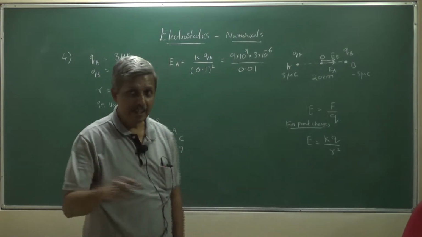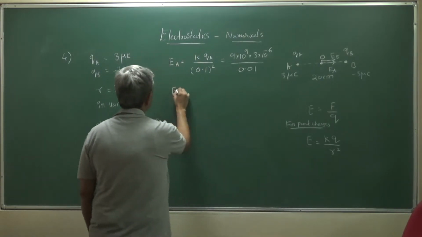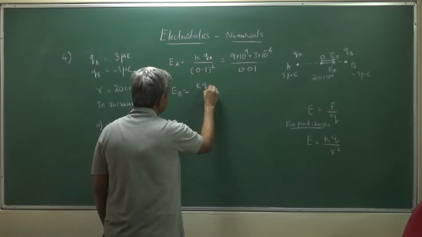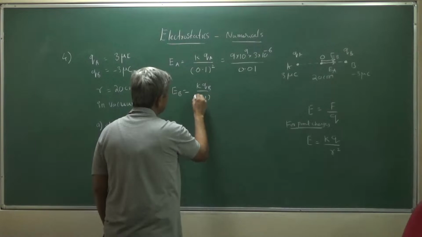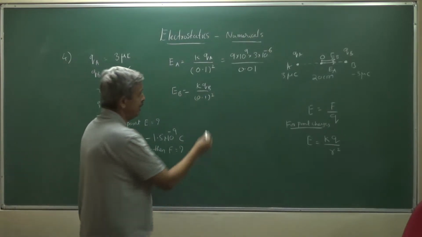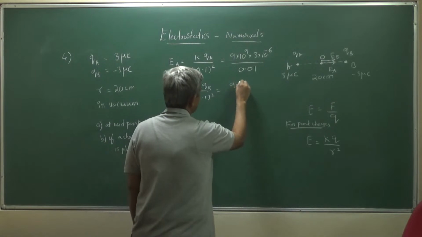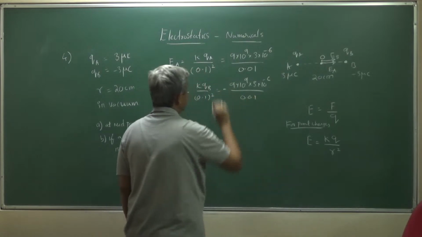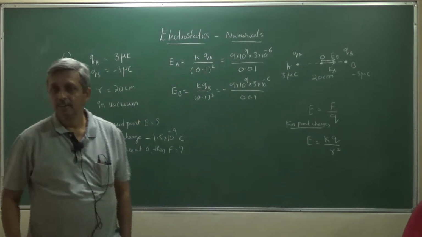Okay. So we will write what is the value of EB. EB also will be K into QB divided by 0.1 square. Same, because it is exactly equal. So this is 9 into 10 power 9 into 3 into 10 power minus 6 by 0.01. Only thing is there is a negative charge.